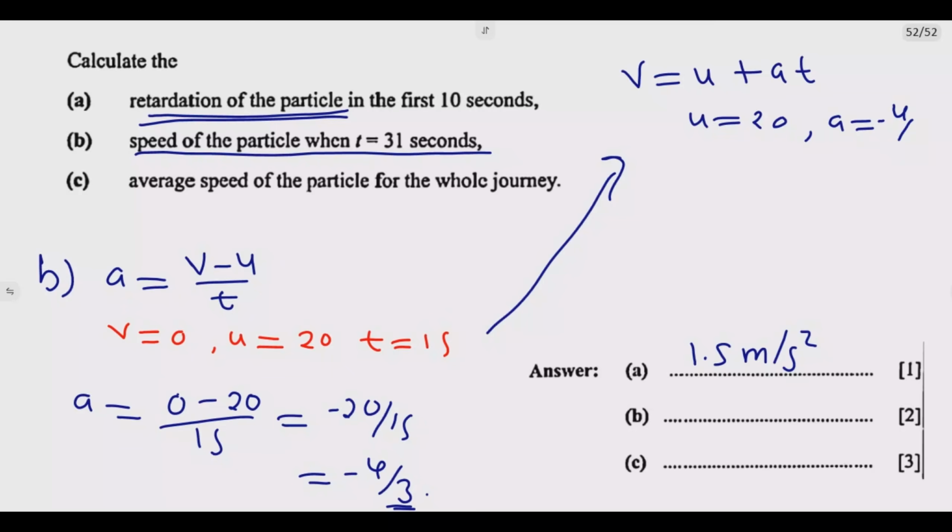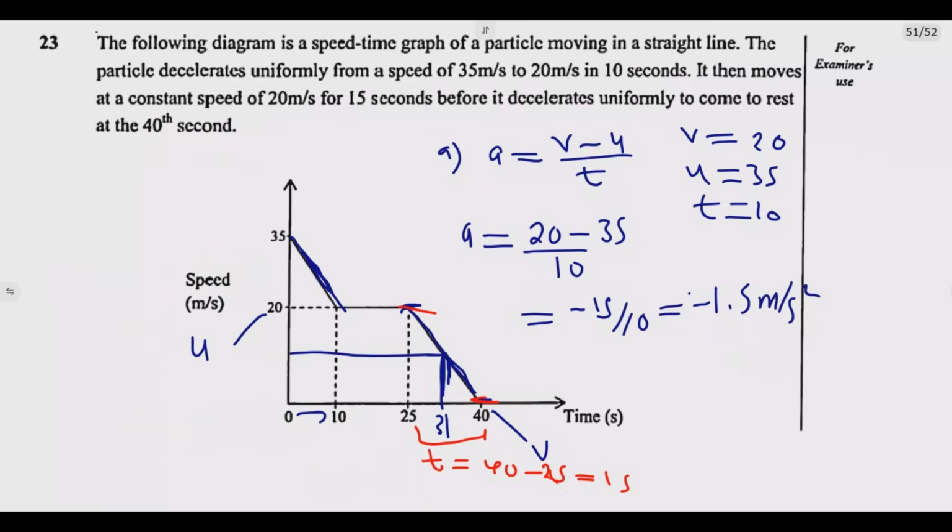So what we need to do, the tricky part, is finding t. This is where you might miss it. So to find t, I need to clear up this so that you see clearly. So how can we find the t? This is happening at 31.